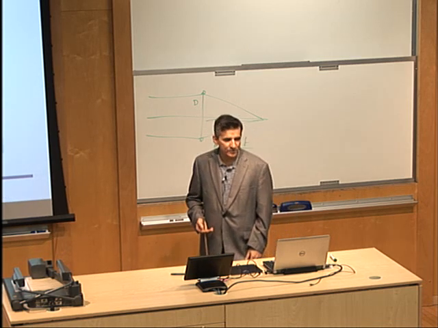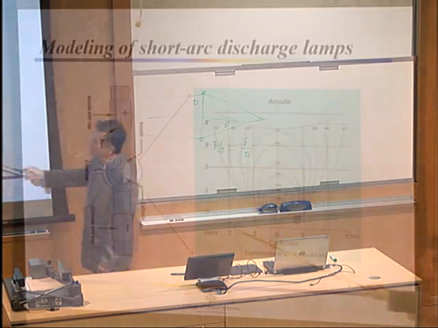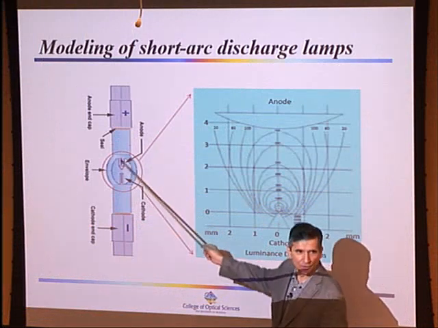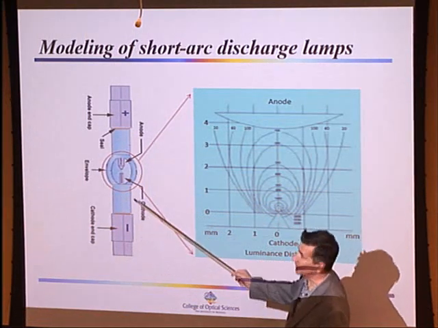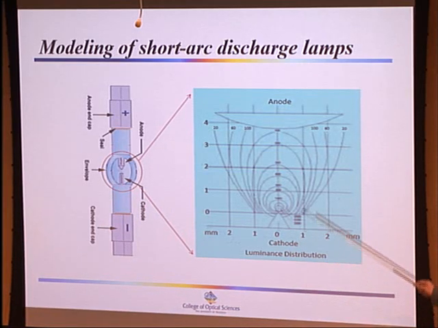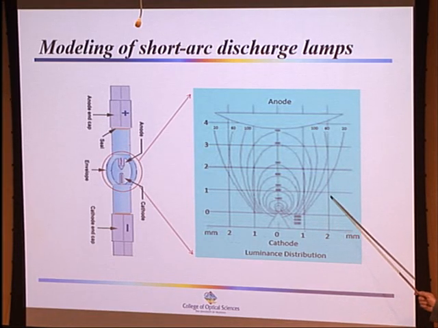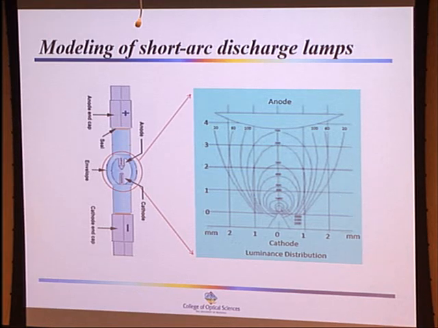And the last project that I like to share with you is simulating the emission of an arc source. How do you do this? We have over here some representation of the luminance distribution of an arc source, and you would like to be able to simulate this in software.